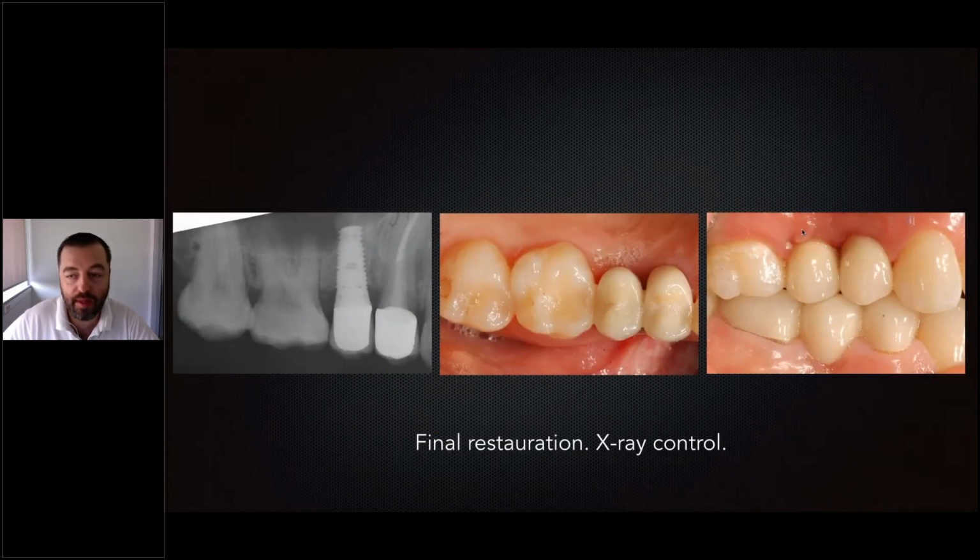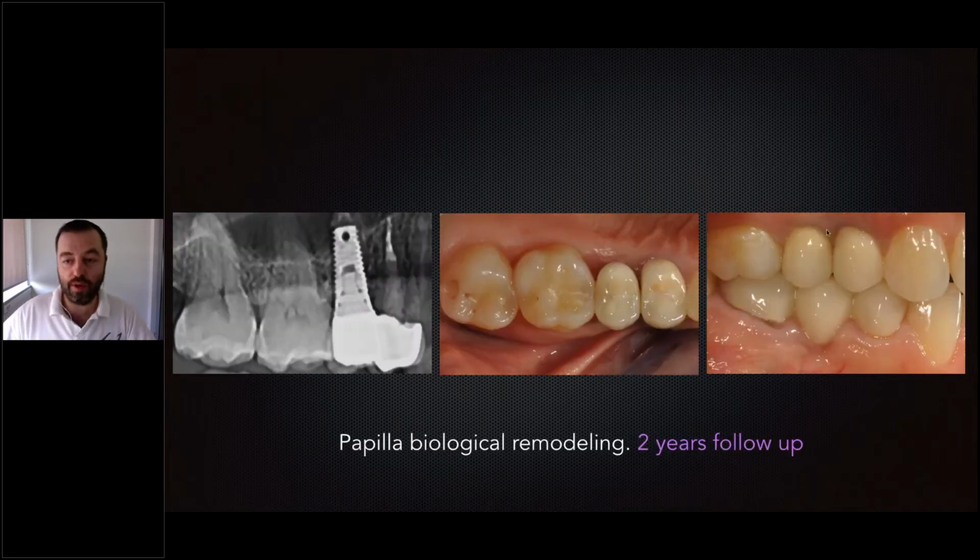You will see here some scars, and after 2 years, biology worked great. Look, after 2 years, we have a very nice papilla outcome, of course with respect to the Tarnow rule of 5 millimeters from the contact point to the bone. And comparison.